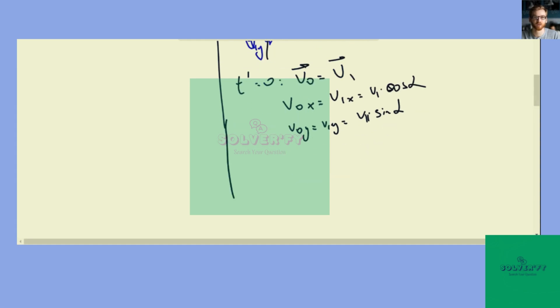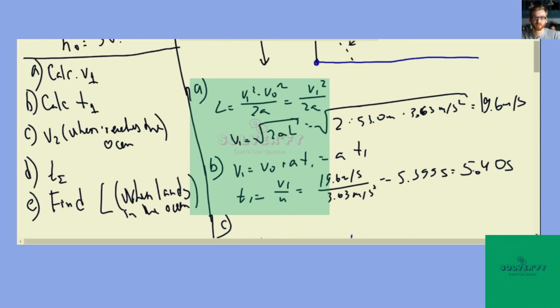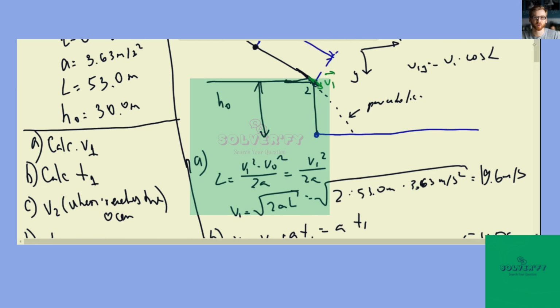Now the velocity vy as a function of t prime equals v0y plus g t prime, because the only force exerted after the end of the cliff is gravity.